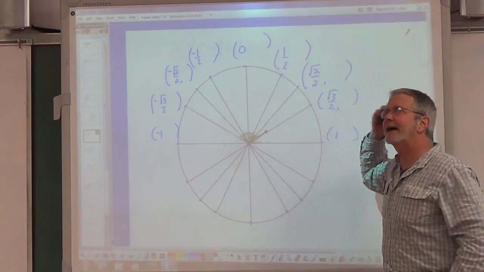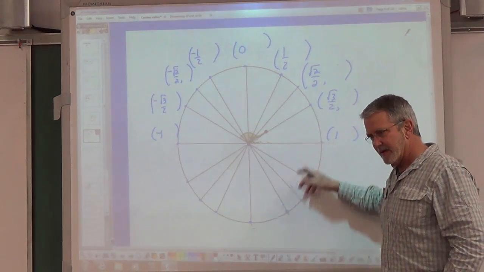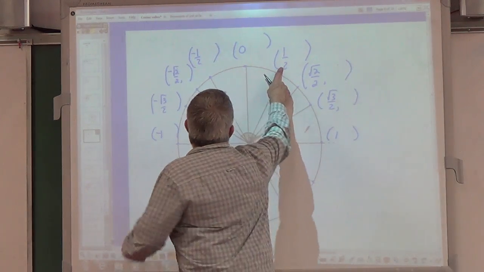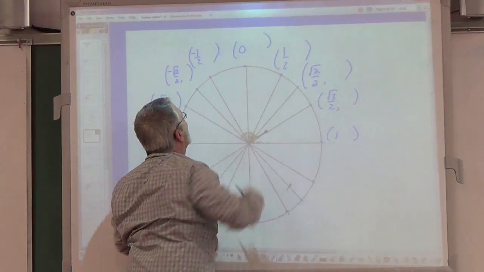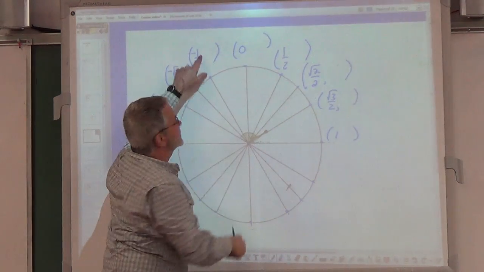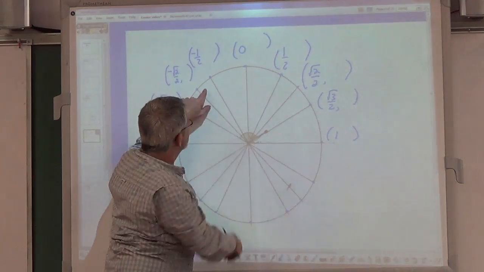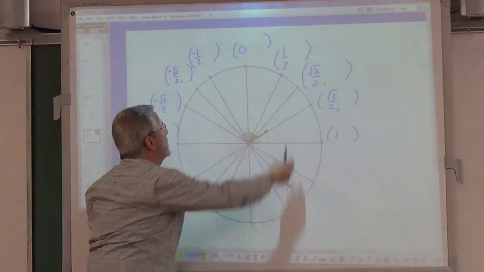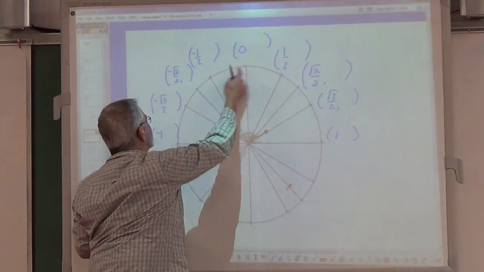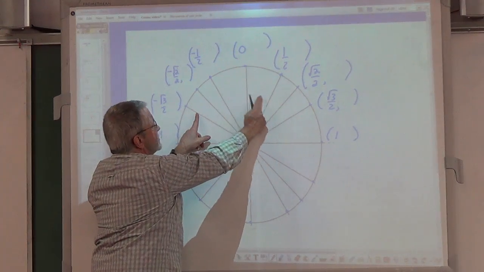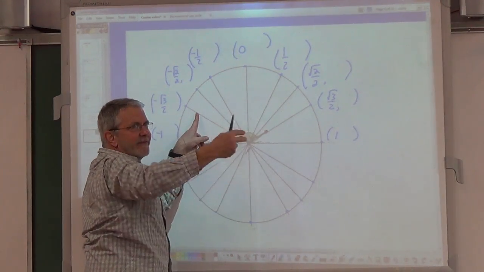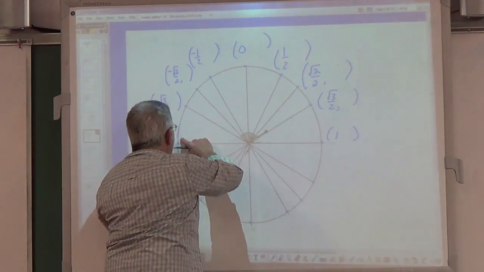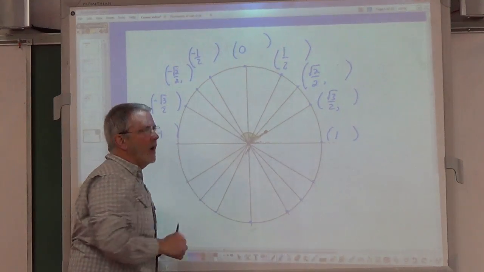Pi over 6, the x was square root of 3 over 2, and the cosine of pi over 4 was square root of 2 over 2, the cosine of pi over 3, 1/2, the cosine of pi over 2, 0, the cosine of 2/3 pi was negative 1/2, the cosine of 3/4 pi was negative square root of 2 over 2, the cosine of 5/6 pi was negative square root of 3 over 2. The cosine of pi, negative 1.